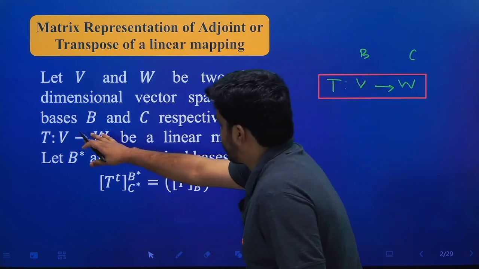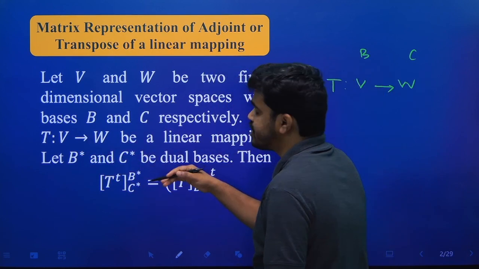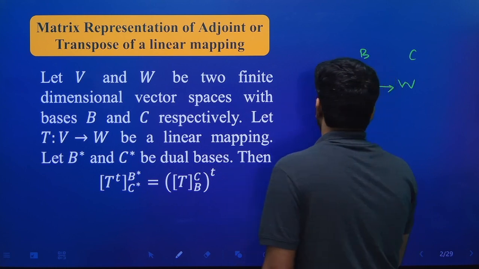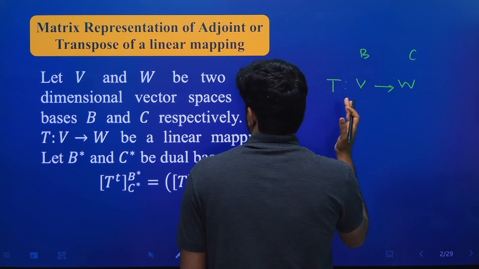Let T, a mapping from V to W, be a linear mapping. Let B star and C star be the dual bases. We know the definition of the adjoint or transpose of a linear mapping.